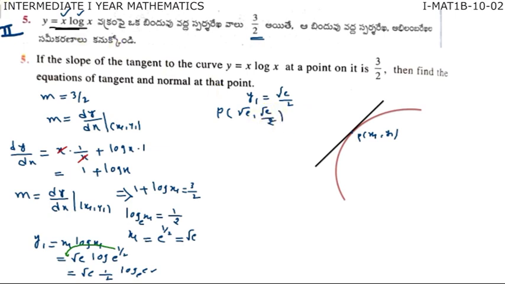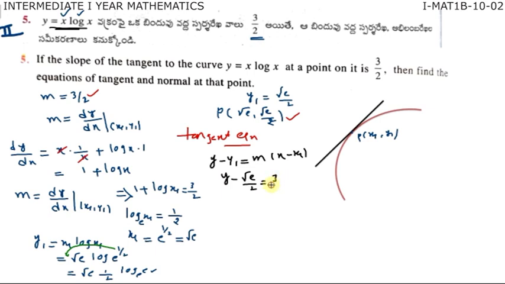Now, the tangent equation. For the tangent equation, you know the point as well as the slope. So, the equation you can write is y minus y1 is equal to m into x minus x1. This is the formula. Y minus y1 means y minus root e by 2.